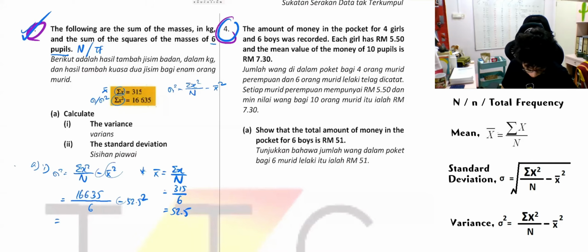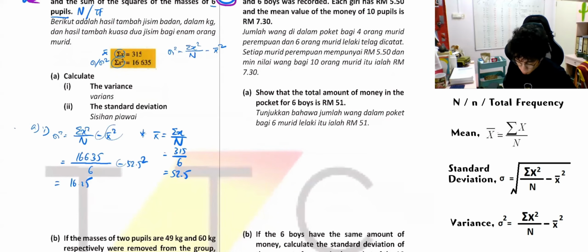And once you get the answer, you minus off 52.5 squared. Your answer comes out 16.25. That's why you get your standard deviation as square root of 16.25. You'll be getting a new answer, which is how much? Yes, answer is 4.30.